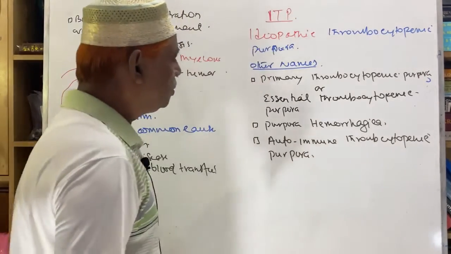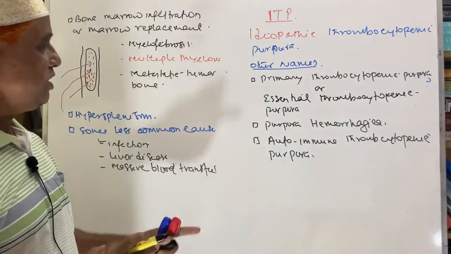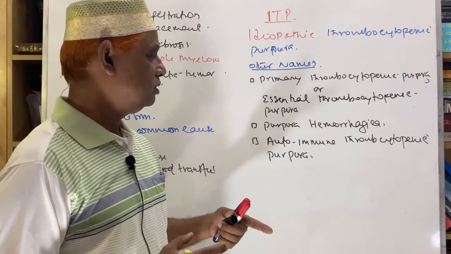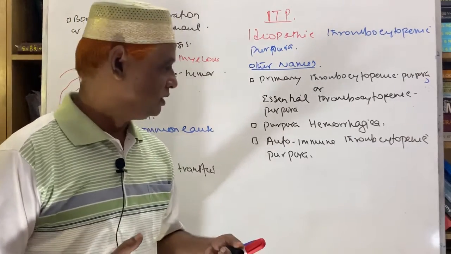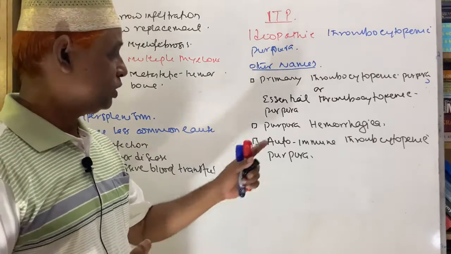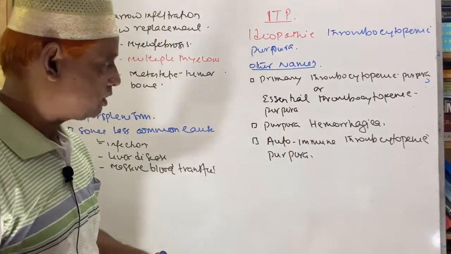Dear audience, you know in ITP there is production of antibody against thrombocyte, and this antibody is autoantibody, so it is called autoimmune thrombocytopenic purpura.